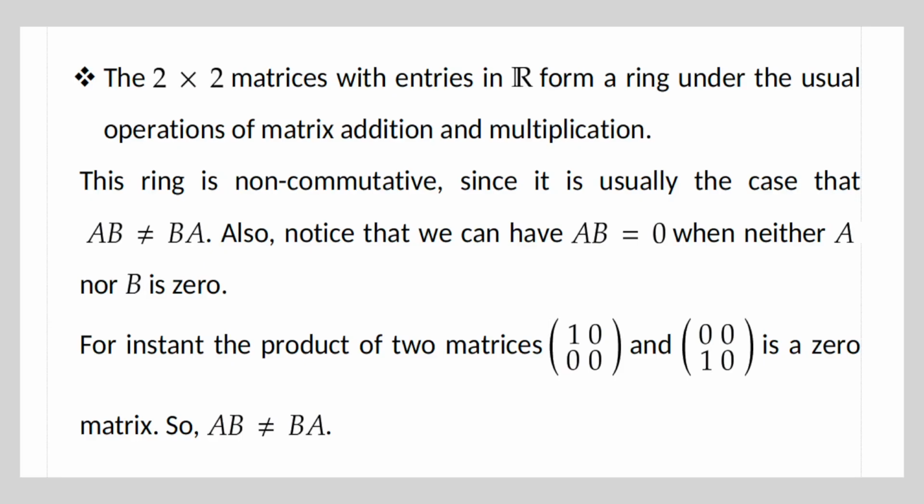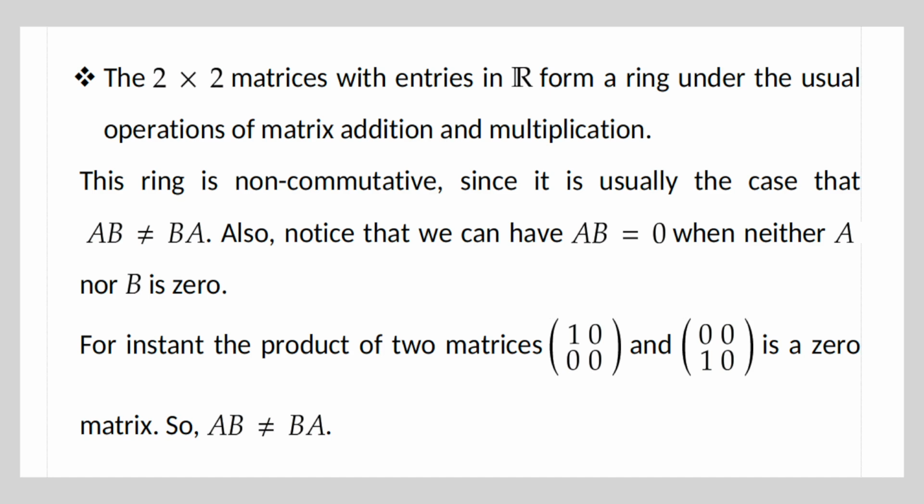The 2 by 2 matrices with entries in R form a ring under the usual operations of matrix addition and multiplication. This ring is non-commutative since it is usually the case that AB is not equal to BA. Also notice that we can have AB equal to 0 when neither A nor B is 0.